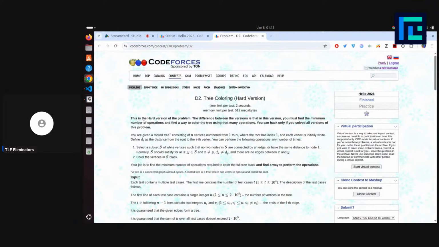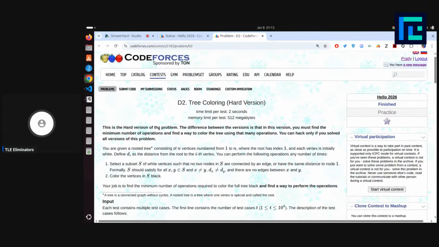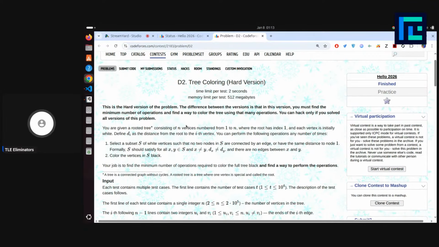So in D2 or in D, you are given a rooted tree consisting of n vertices numbered from 1 to n, where the root has index 1, and each vertex is initially white. Define di as the distance from the root to the ith vertex. You can perform the operation any number of times.